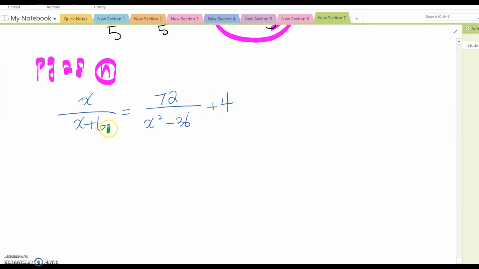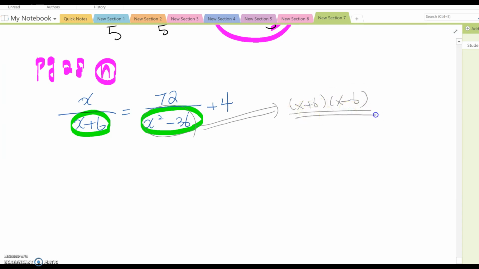As you see, x plus 6 and x squared minus 36 are denominator factors. Especially this one, you can rewrite as x plus 6 and x minus 6, right?